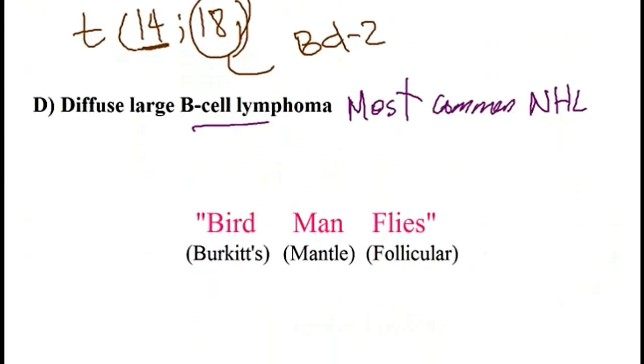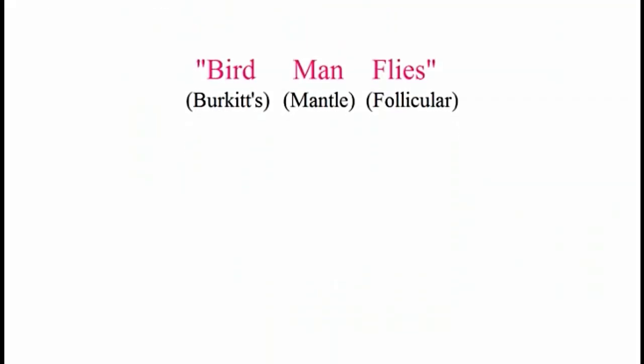So here I've provided you with a memory aid to help you remember which translocations are associated with Burkitt's lymphoma, mantle lymphoma, and follicular lymphoma. So you will have to memorize this sentence: bird, man, flies. So in the ascending order, that's how the translocation are occurring. So one thing that you should always keep in mind is the chromosome 14 is affected in all of these conditions.